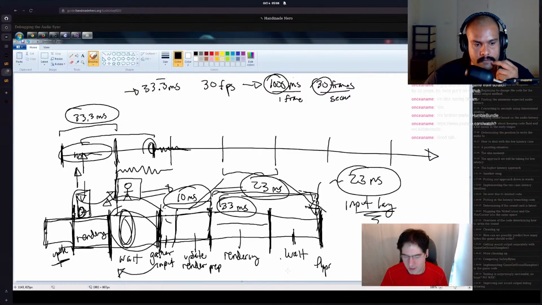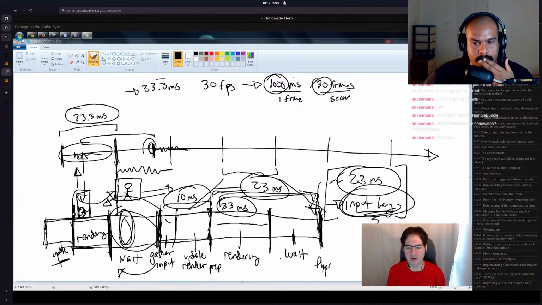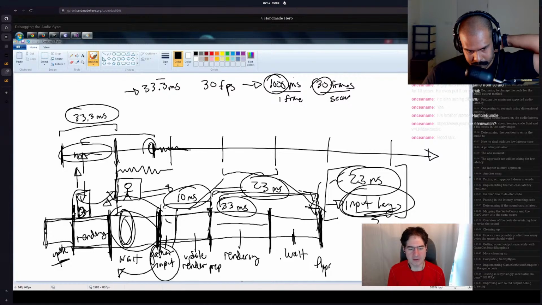So, audio is important in every game. I certainly don't want to suggest that it isn't, because it very much is. But how tightly the audio is synced as a priority versus how tightly the input is synced, in this game, I'm going to say that the input lag would be way worse if we did that. So I think we really want to push our gather input as far forwards as we can, and we don't want to introduce that extra lag.